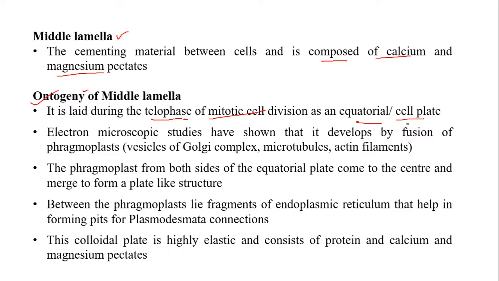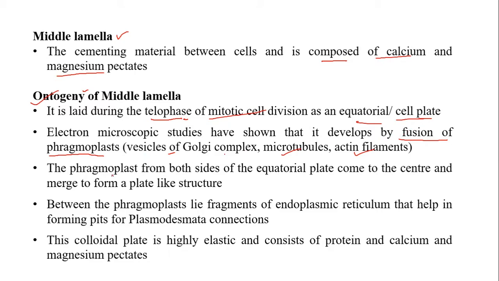The electron microscopic studies have shown that it develops from the fusion of the phragmoplasts. These are complexes of vesicles formed from Golgi apparatus, then microtubules and actin fibers. All this together form a complex and they are responsible for the formation of the cell plate.